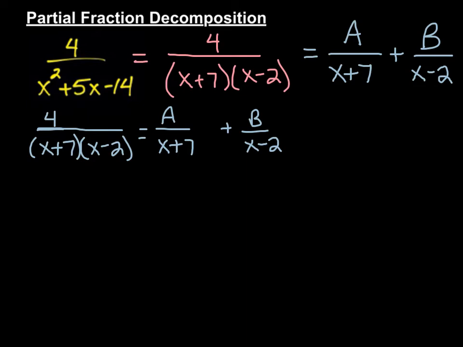So let's do that as if we were trying to combine them. We need a common denominator. The common denominator between x plus 7 and x minus 2 is (x + 7)(x - 2). So I'm going to multiply the top and bottom of this fraction by x minus 2, and I'm going to multiply the other fraction by the other denominator.